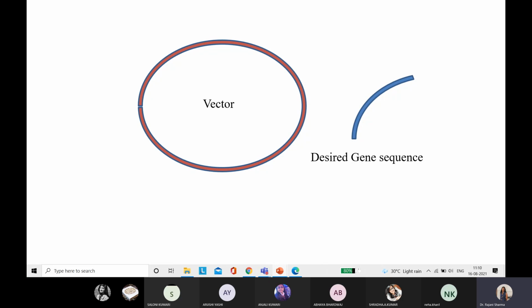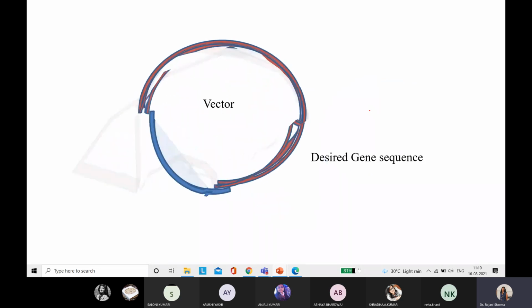in genetic engineering. In very layman language, we have a vector and our desired gene sequence. We want this desired gene sequence to be inserted inside the host cell. So for that, we will insert this desired gene sequence in our vector.